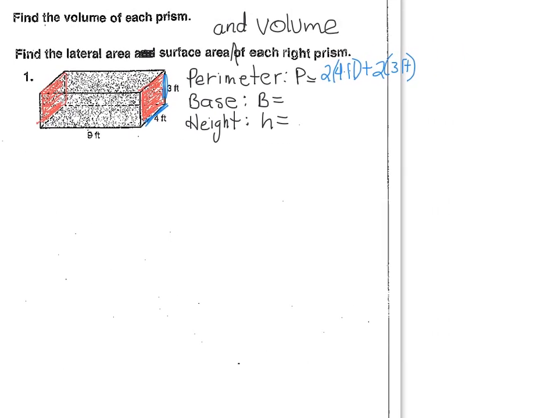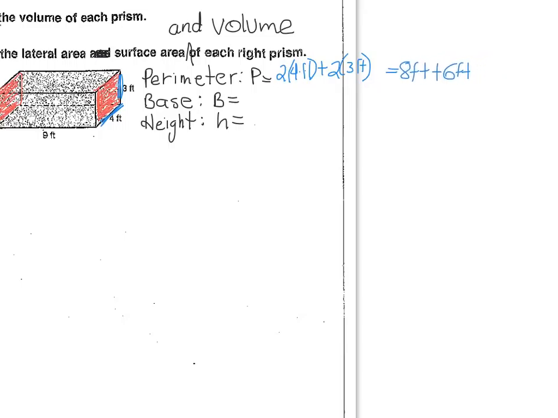So when you combine those, 2 times 4 is 8 feet, plus 6 feet, and that equals 14 feet. So the perimeter is 14.